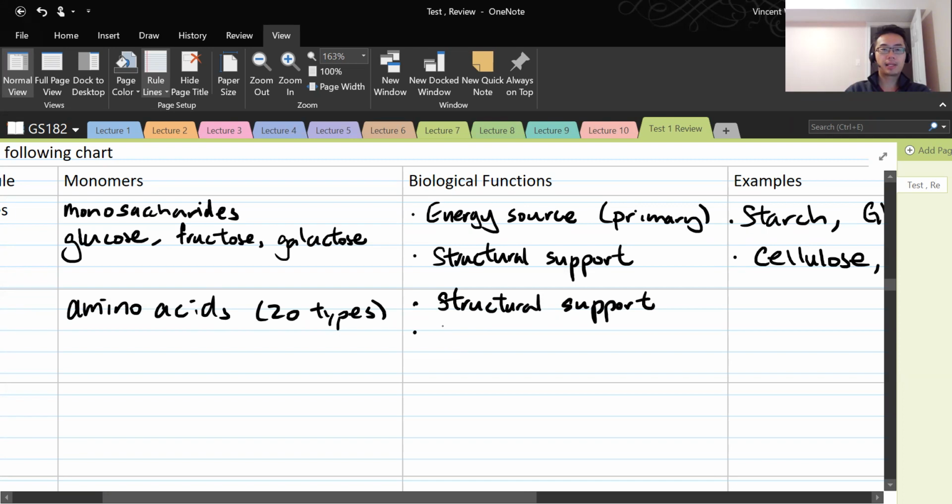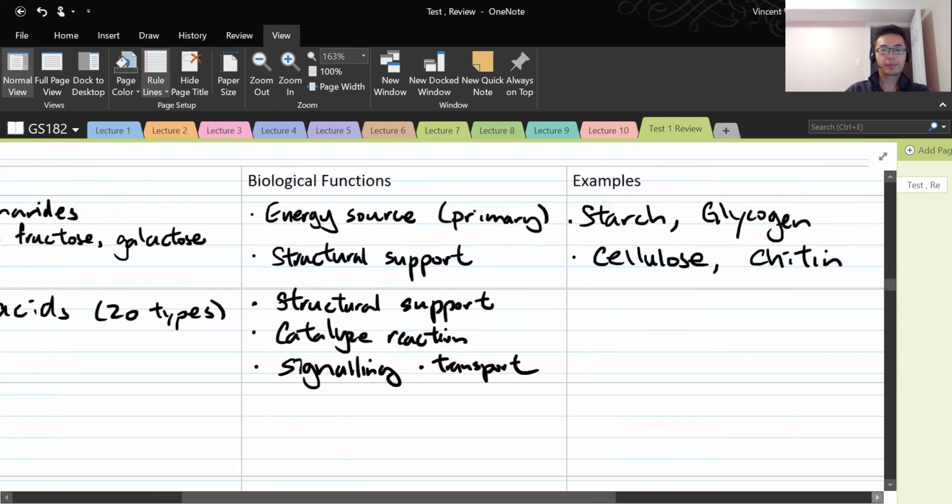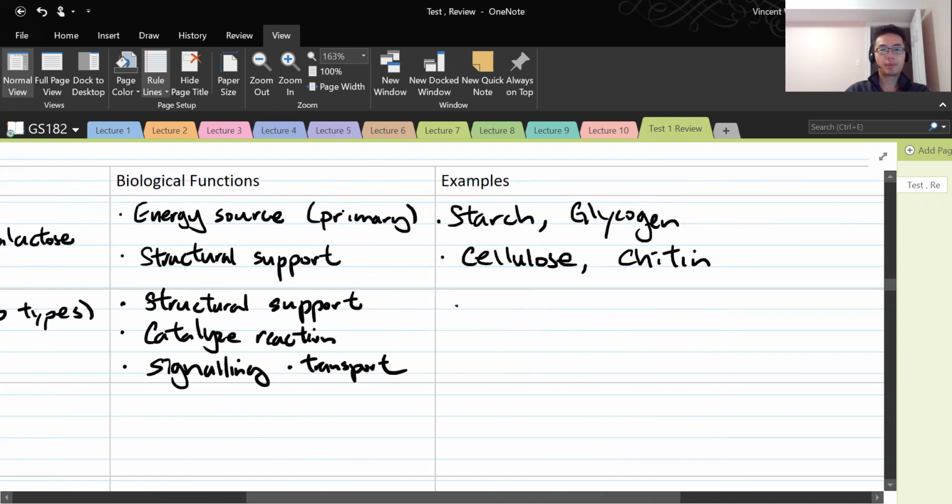We need them as enzymes to catalyze reactions. Signaling in the body, right? Transport. So examples, we would have enzymes.